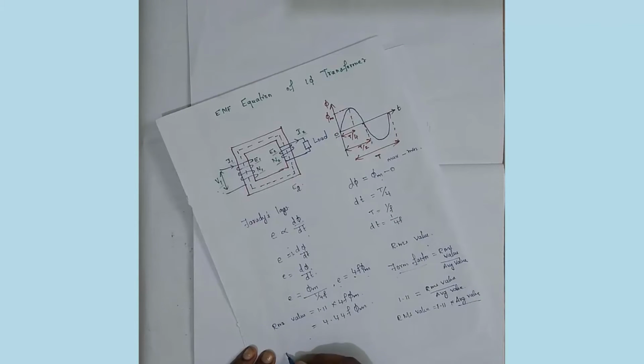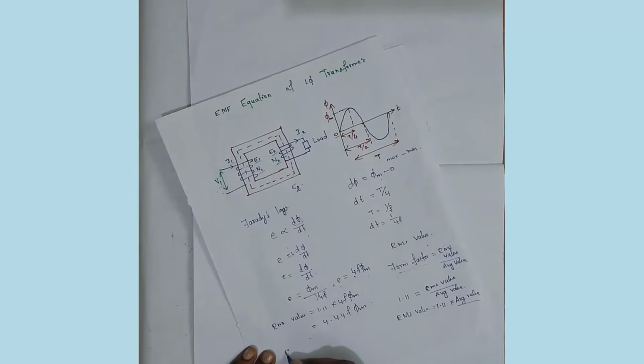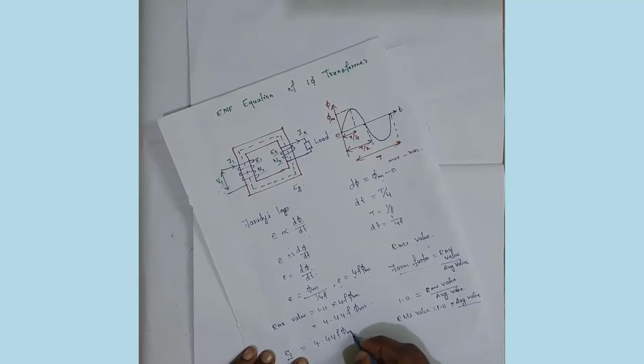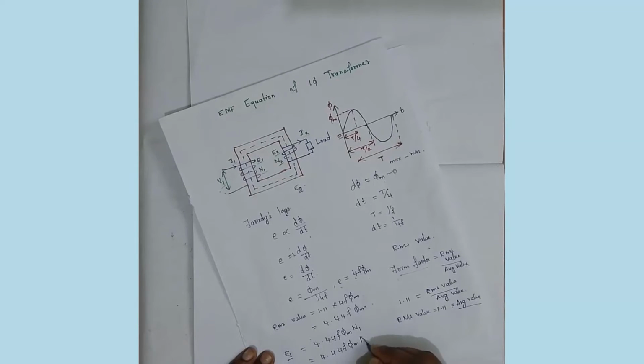Since we have a primary winding and a secondary winding, we need to know the induced EMF on the primary winding and on the secondary winding. The induced EMF on the primary winding, denoted E1, is equal to 4.44 f phi m into the number of turns in the primary winding, N1. The induced EMF on the secondary side is 4.44 f phi m into N2, the number of turns in the secondary winding.